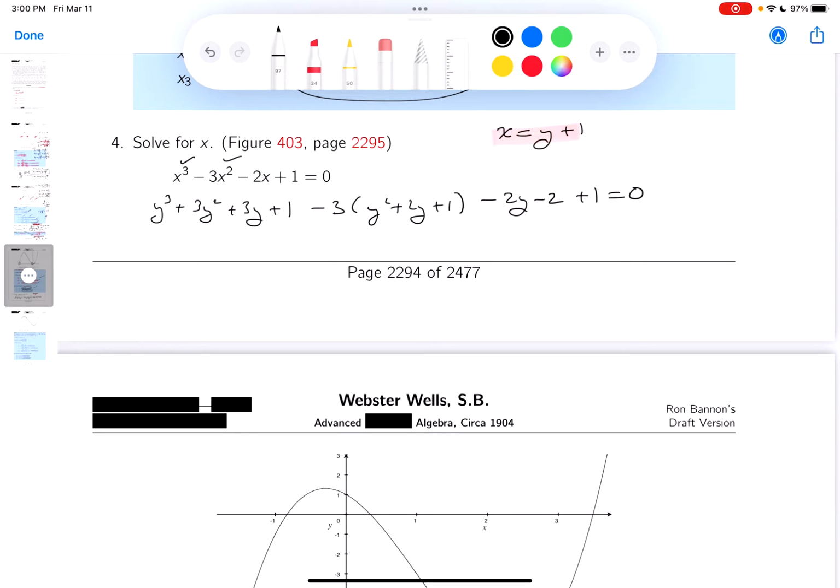Let's go through the dirty work here. What do you get of simplification, by the way? Y cubed.